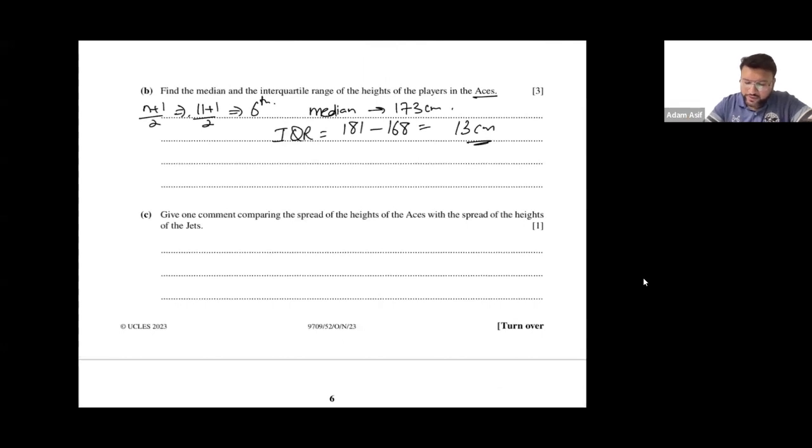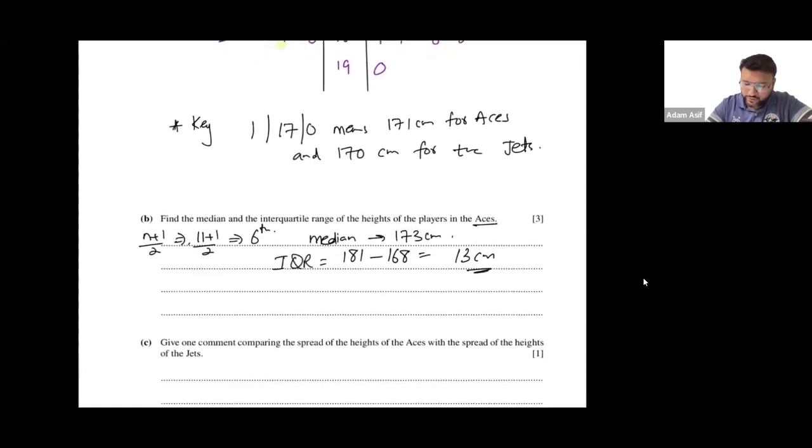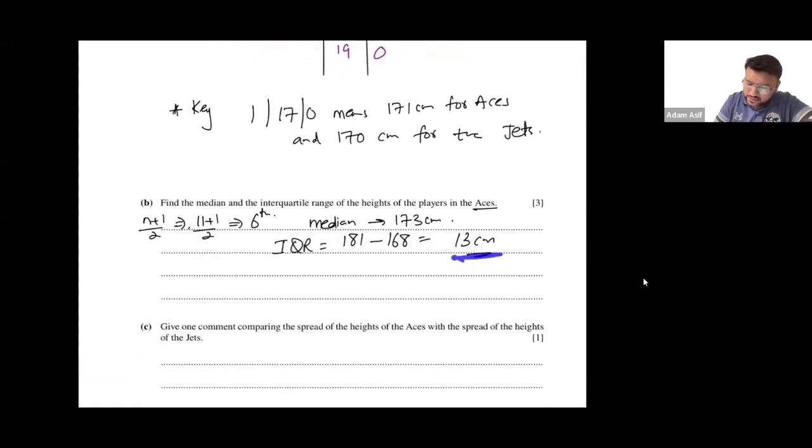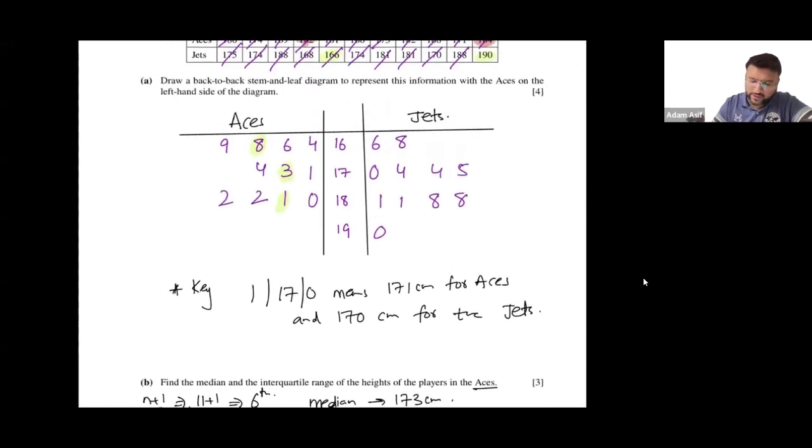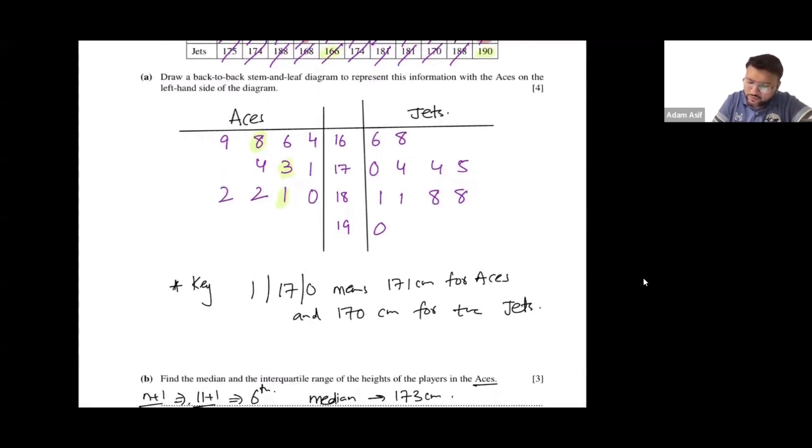Give one comment comparing the spread of the heights of the aces with the spread of the heights of the jets. So we know the interquartile range for aces. We need to compare the interquartile range for the jets as well. The median of the jets would be at the 6th position, 1, 2, 3, 4, 5, 6.